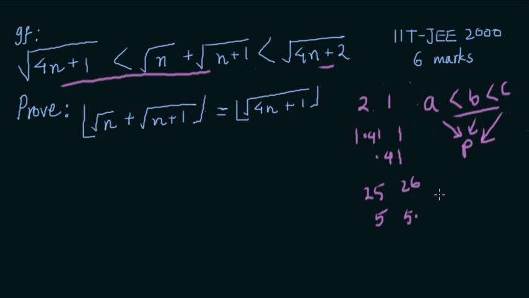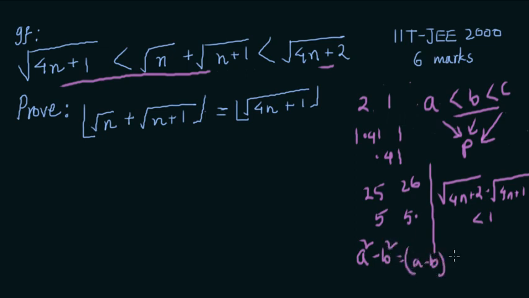First of all, let's prove that root over 4n plus 2 minus root over 4n plus 1 is less than or equal to 1. Now if you remember, we have this identity, okay? A square minus B square is equal to A minus B times A plus B, right? And from here we can write A minus B as A square minus B square divided by A plus B, right?